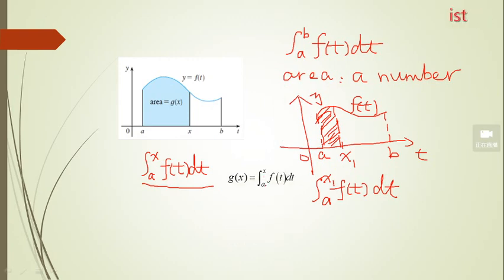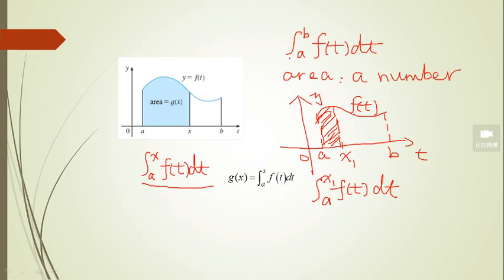And we understand that the area will change as x shifts its value from a to b. So actually this definite integral is a function of x. Be careful, don't be confused with this notation and the notation in the previous sections.